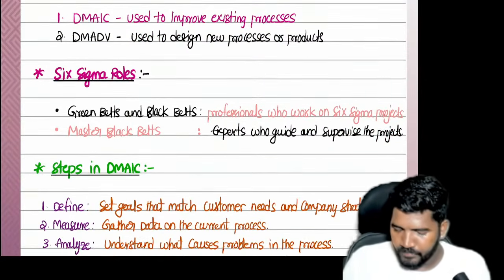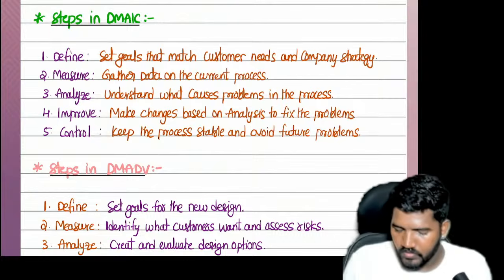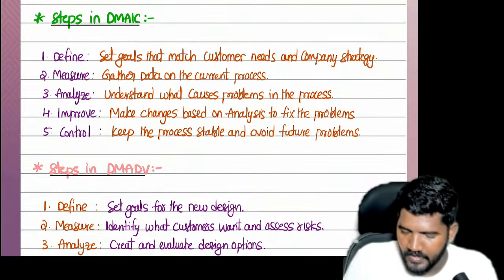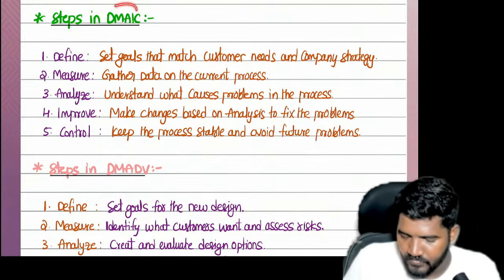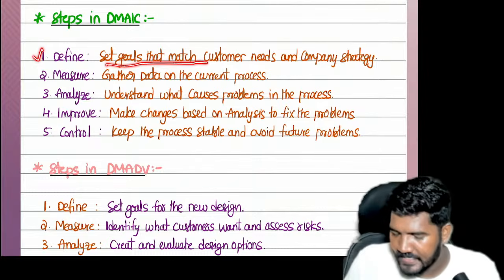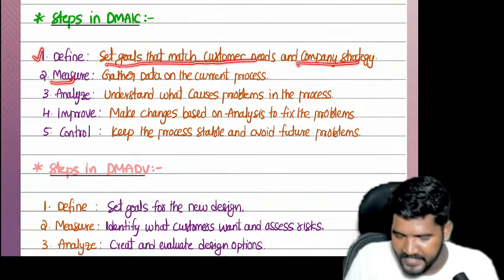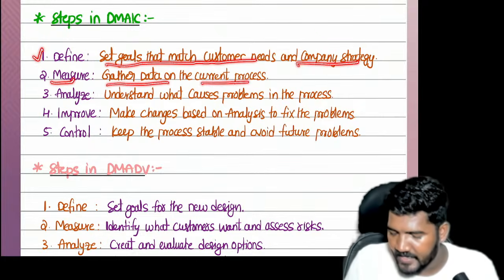When it comes to the methods, the steps in method one, DMAIC: D means define, set a goal that matches customer needs and company strategy. M means measure: once you set the target, gather data on the current process.